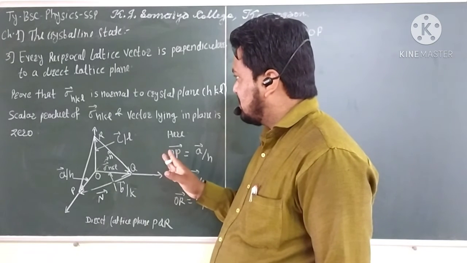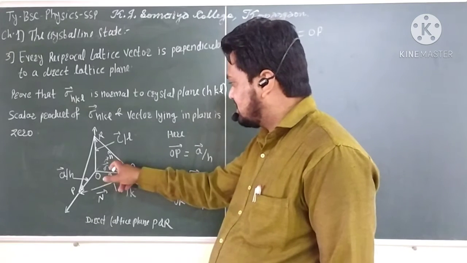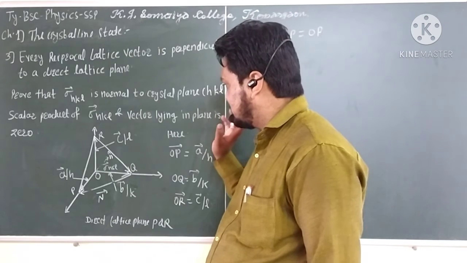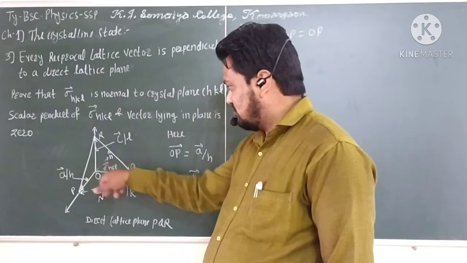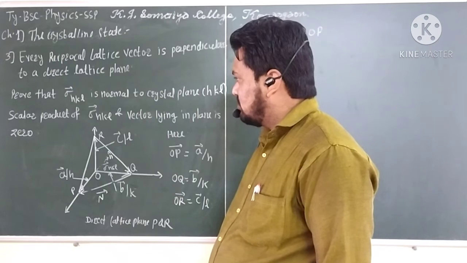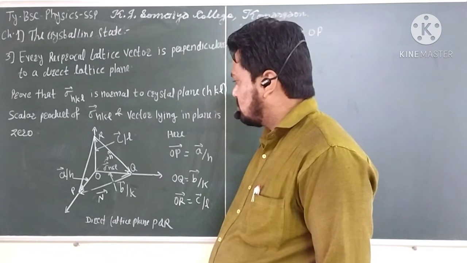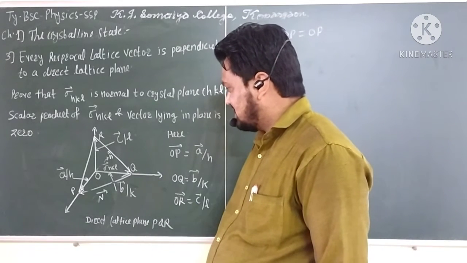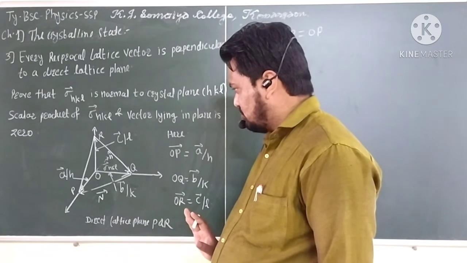Here sigma HKL is normal to the crystal plane HKL. This is the normal to the crystal plane, and the property to know is that the scalar product of sigma HKL and a vector lying in this plane is 0.